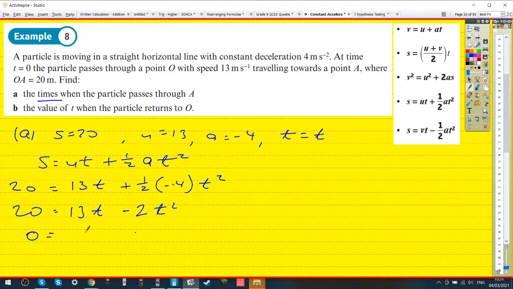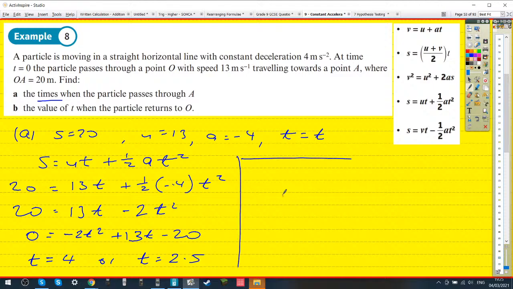Which gives you just minus 20, so it'd be minus 2t squared add 13t, minus 20 equals 0. And then put it to the calculator as a quadratic. I got t is either 4 or t is 5 over 2. That's right, 2.5. And yeah, this one you got 2 answers for, kind of a special one.